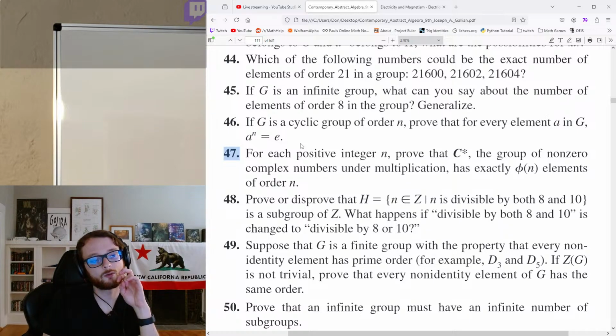I don't know how you would write this out. But you only get phi of n many new solutions for each n. Okay.